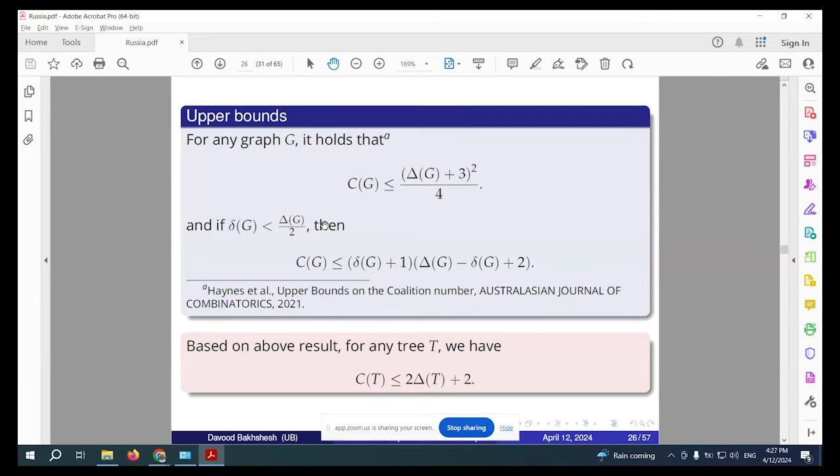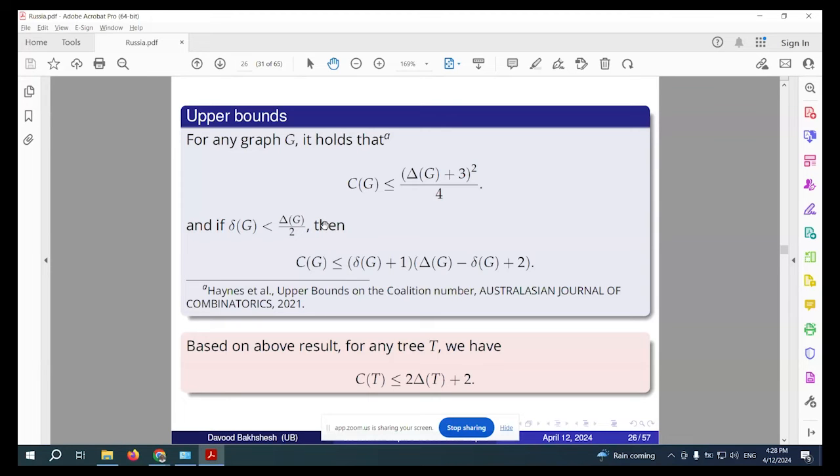For upper bounds, Haynes and others in the paper titled Upper Bounds on the Coalition Number provide the following upper bound. For any graph G, they prove that the coalition number of G is at most (Delta(G) + 3)^2 over 4.